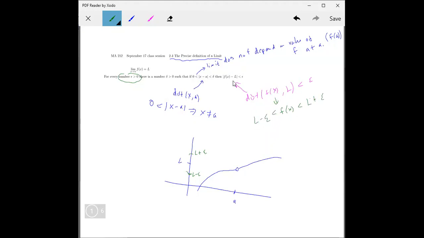Okay, so if you look at this right here, that's what that's going to come down to. This equation right here is the same as that, which gives you this little interval right here. And the idea is that you come out here, okay, like that.